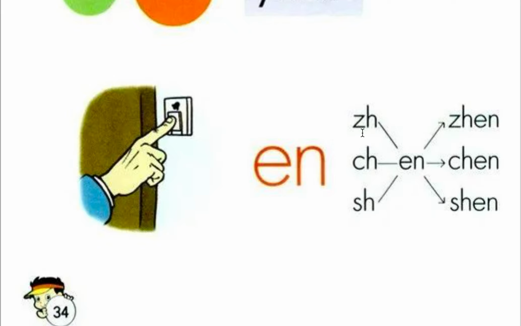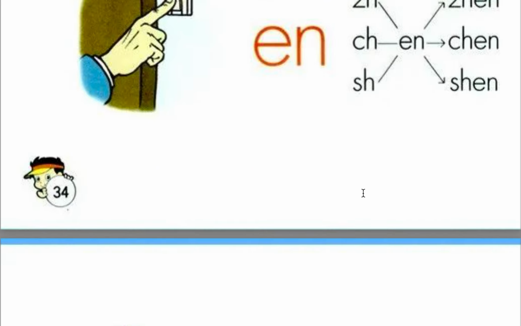So let's try to read these: zhen, chen, shen. Can you try to put four tones by yourself? Practice them, and if you're not confident enough, send a post, DM me, or join the Saturday practice together.